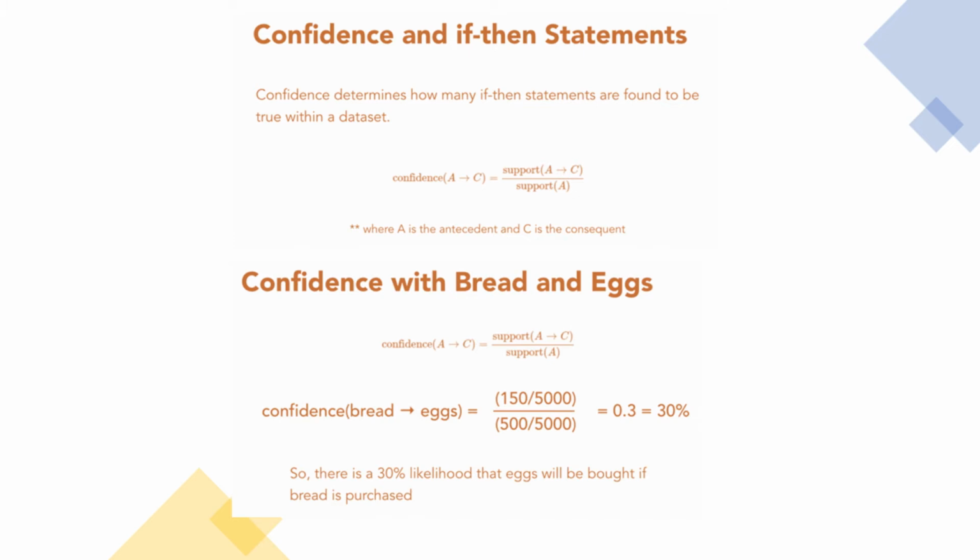So that's 150 transactions divided by 5000 total transactions. That goes in the numerator, and then we divide that by the proportion of transactions that were bread alone, which of course is 500 transactions divided by 5000 total transactions. When we do the math, we come out to 0.3, or a 30% likelihood that eggs will be bought when bread is bought.